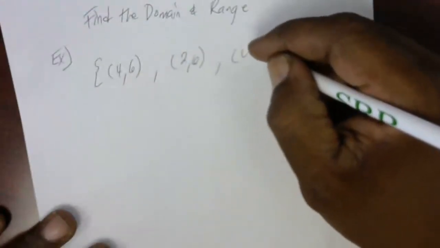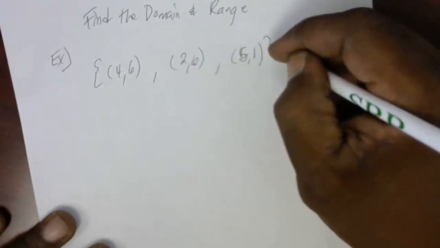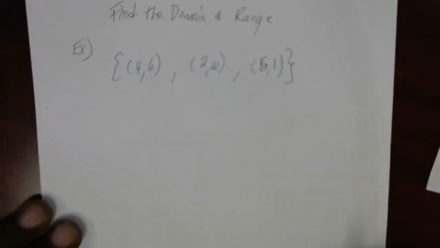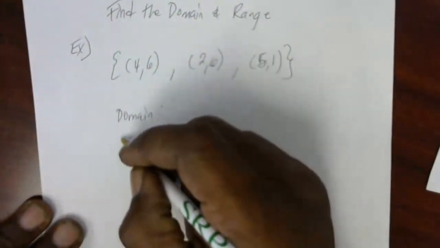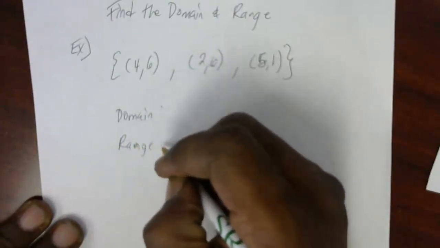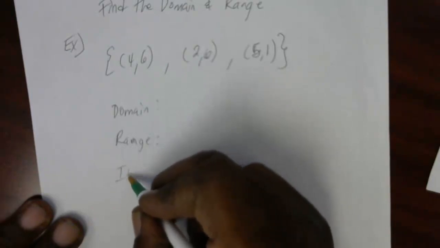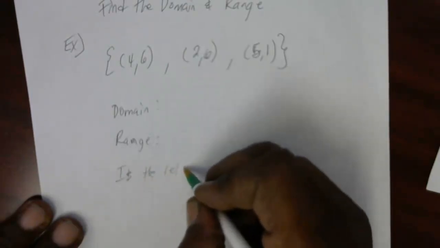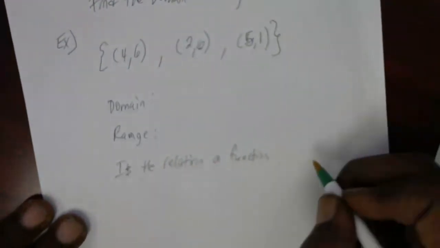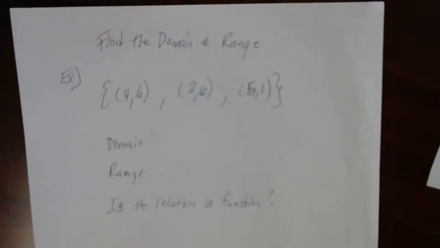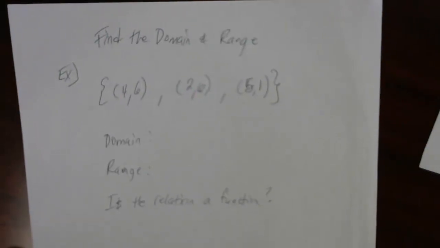We have 5, 1. All right, so I'm going to give you a second. I want you to list out the domain. I want you to list out the range and determine, is it a function? So is the relation a function? All right, so I'll give you a couple of minutes or so to write everything out.